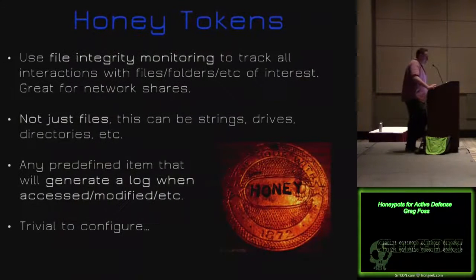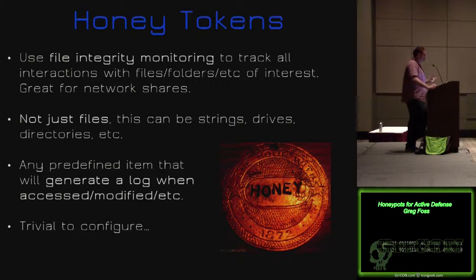So honey tokens are essentially what we're talking about here. We're either using legitimate documents and bugging them, or creating fake documents that will be high-value targets for red teams, attackers, those types of folks that are going to be going after your network. And the cool thing about this is we're not just talking about files.